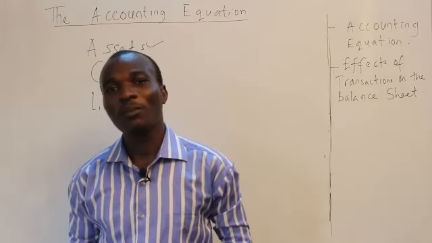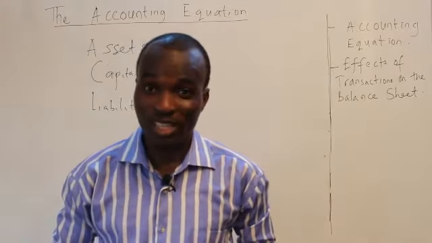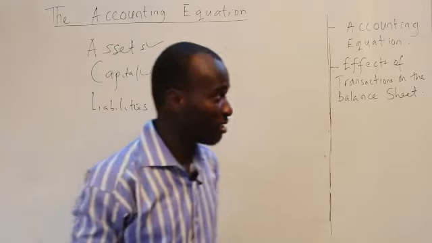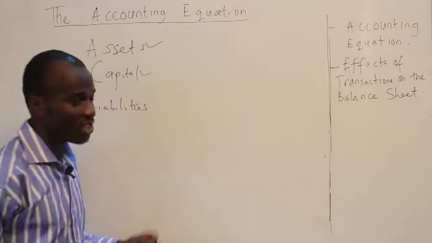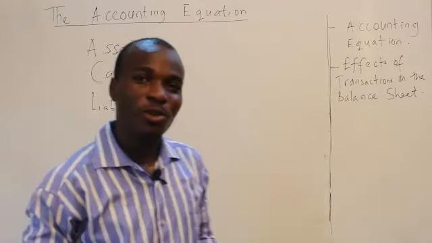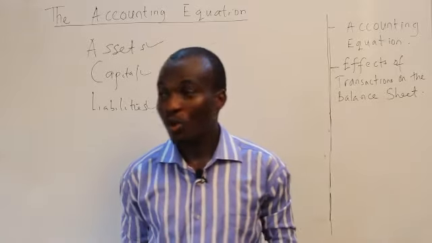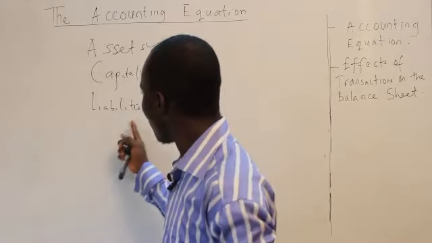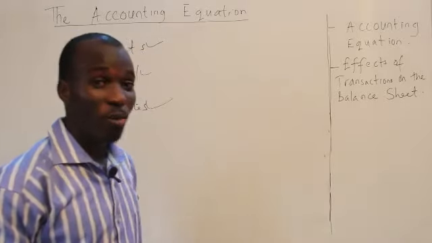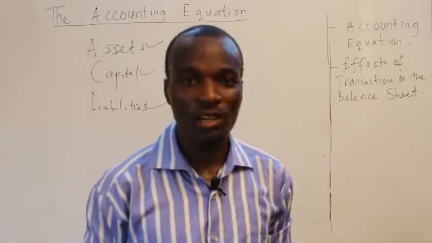It shows the total amount of money contributed by the proprietor in the establishment of the organization. While liabilities show the total amount of money owed by the business to the outsider. So it is the obligation of the business to the outsider.